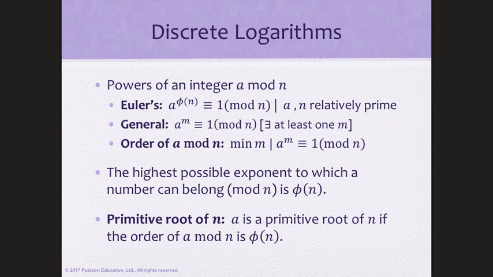So what's a discrete logarithm? Here we are talking about discrete logarithms in modular arithmetic. Remember that in general, for the logarithm, if I say ln or log of x to the base a is equal to b, this means that a to the power b is equal to x.